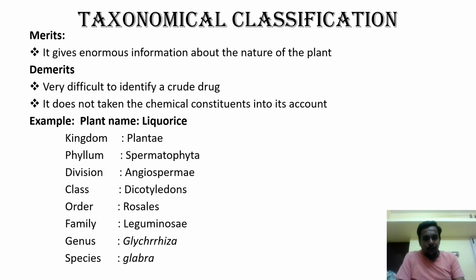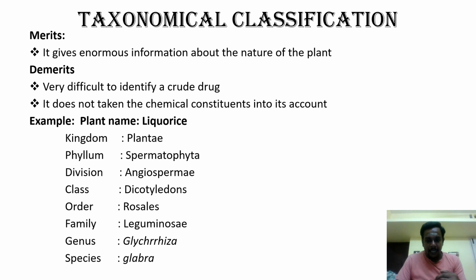Our plant licorice is placed in Angiospermae division. Angiospermae means flower bearing plants. Okay. So flower bearing plants will be kept under Angiospermae division, whereas non-flowering plants will be kept under Gymnospermae division.